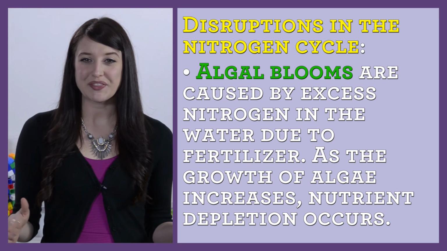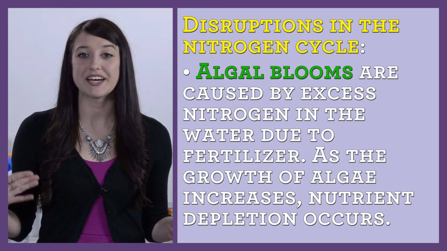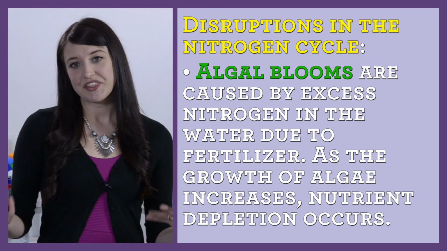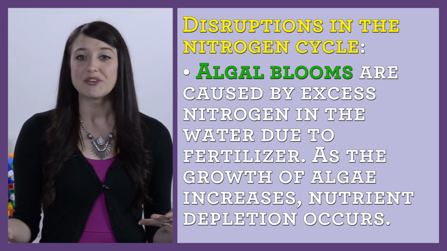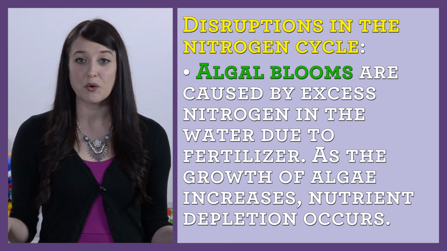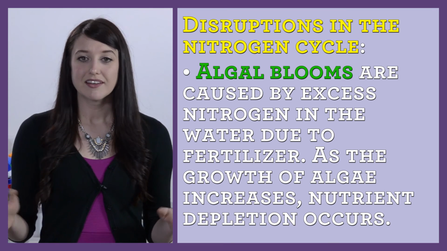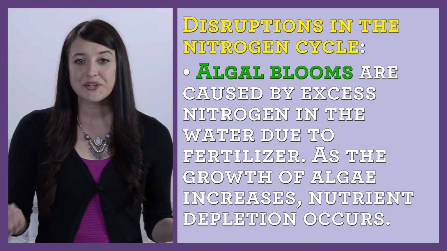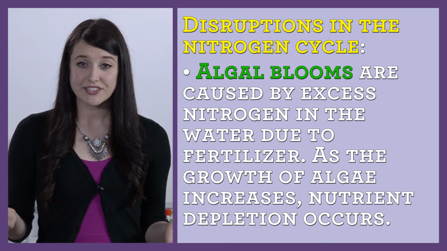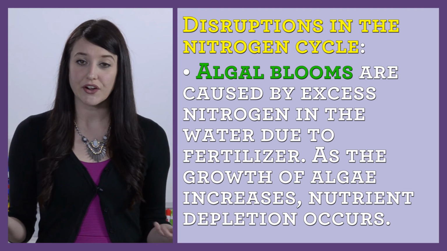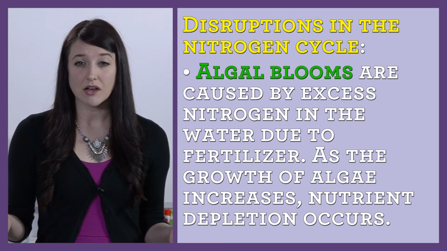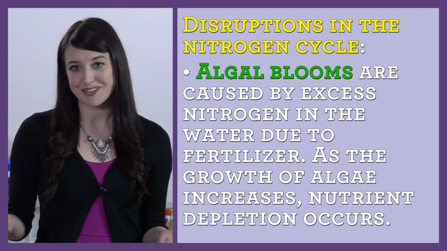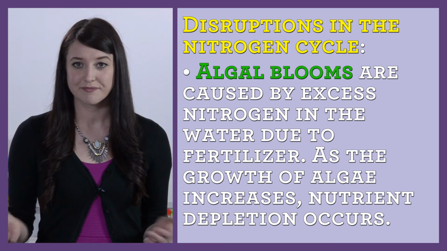Algal blooms are when there is an increased amount of algae in a pond or in a lake. We would think that this would be a good thing because algae are producers in aquatic ecosystems. Algae conduct photosynthesis, which creates sugar. As the growth of algae increases, nutrient depletion occurs, which may cause other organisms in the pond or lake to die because they don't get enough of those nutrients.